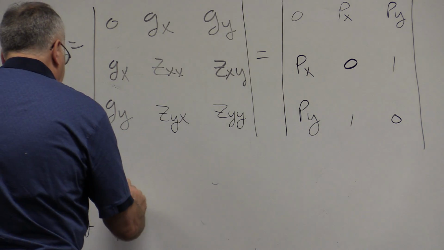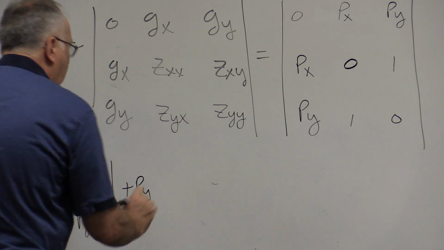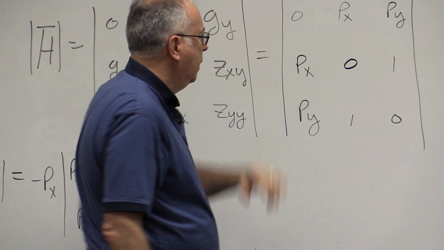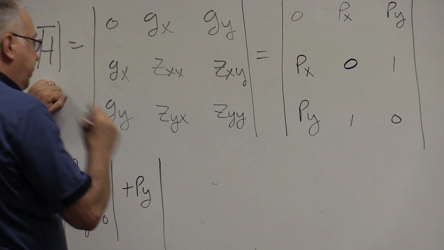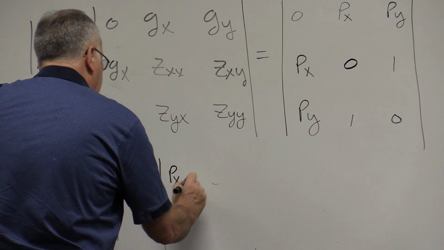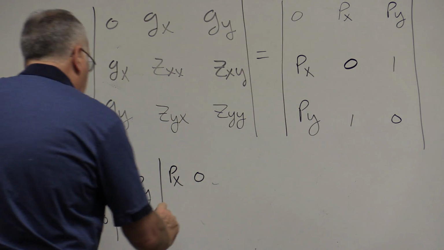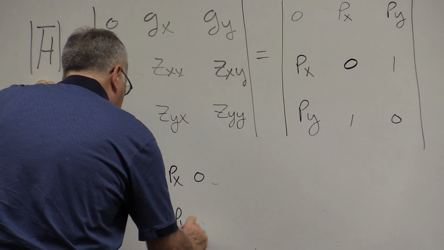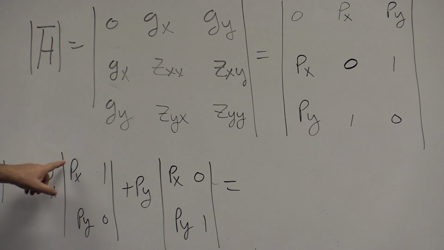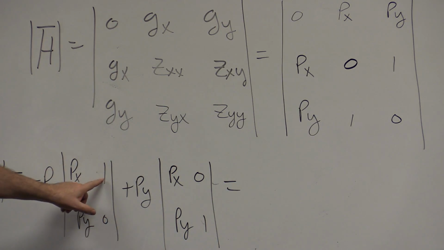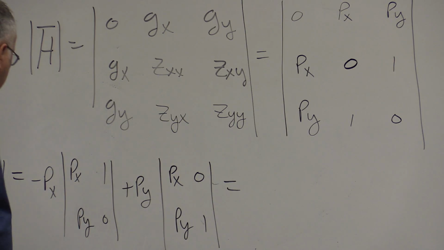Plus py, going across the top row, times the minor of py, which is px, 0, py, 1. So what is this going to be? This is going to be 0 minus py. Okay, that doesn't look good.